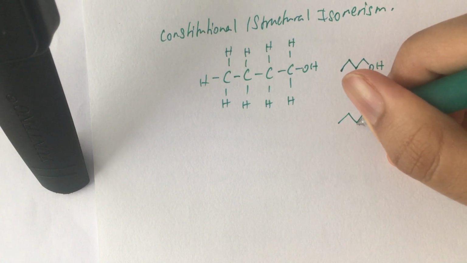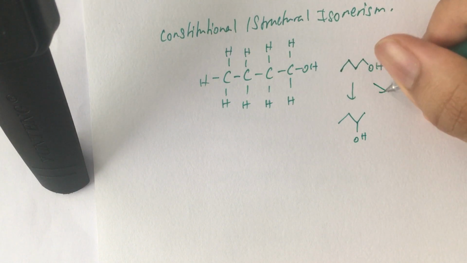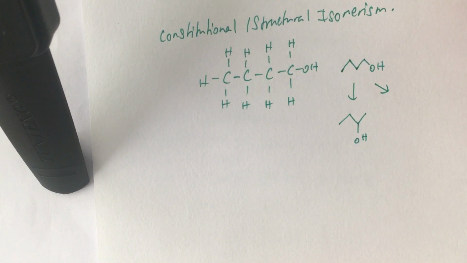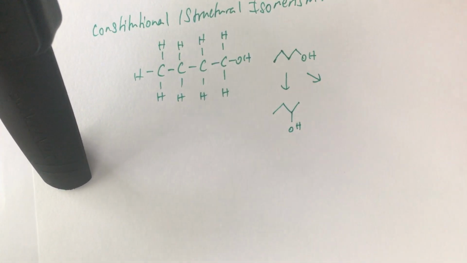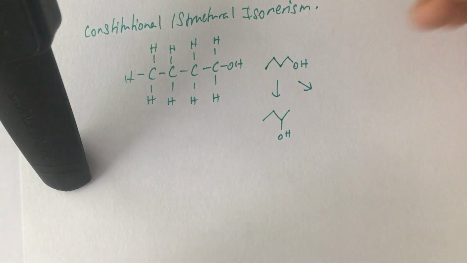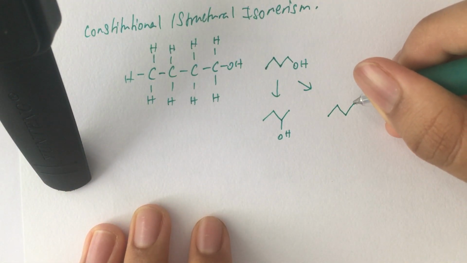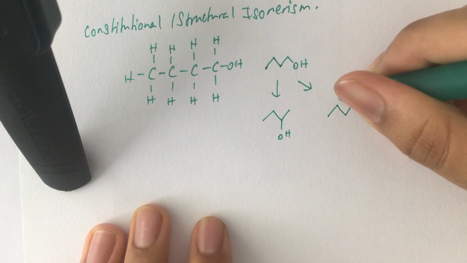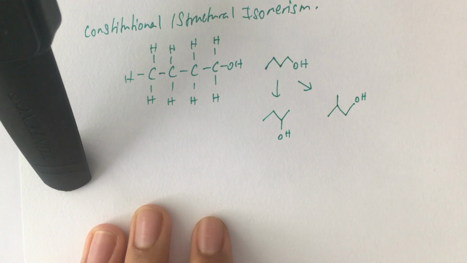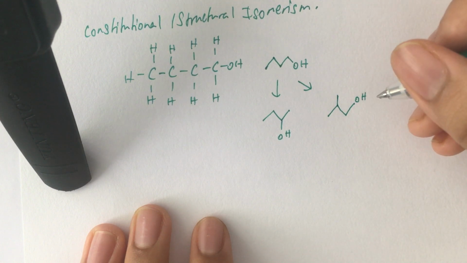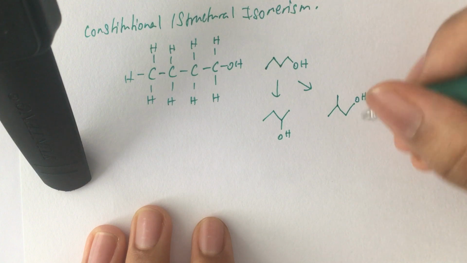Instead of the first carbon, you have it at the second carbon, or maybe the third carbon. It depends on how long the carbon chain is, and on its symmetry.